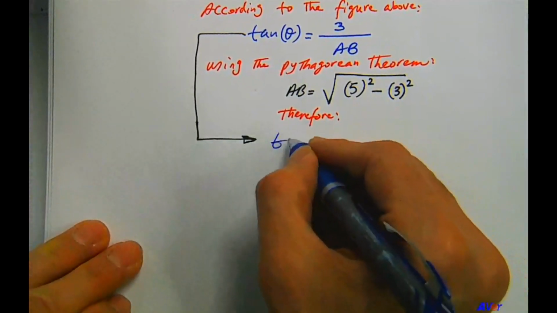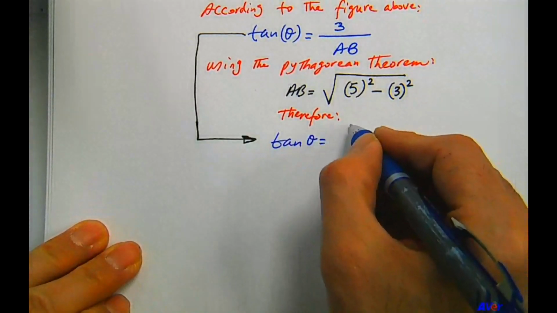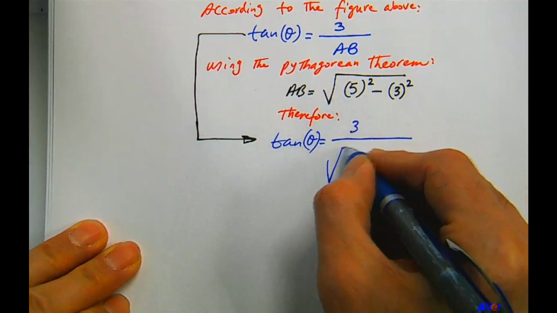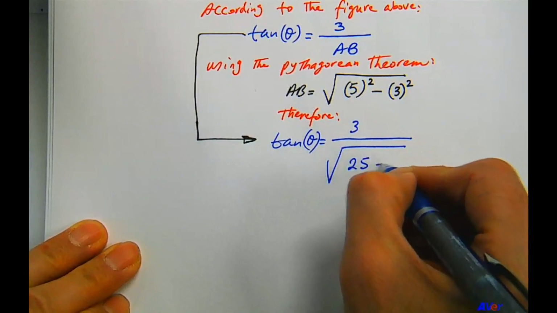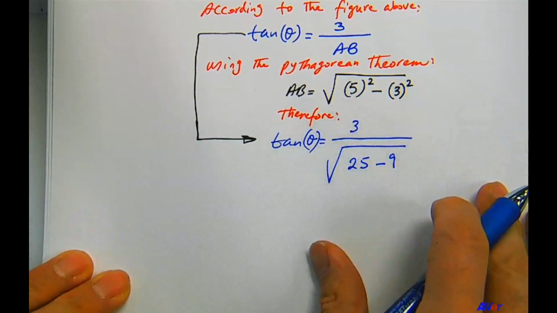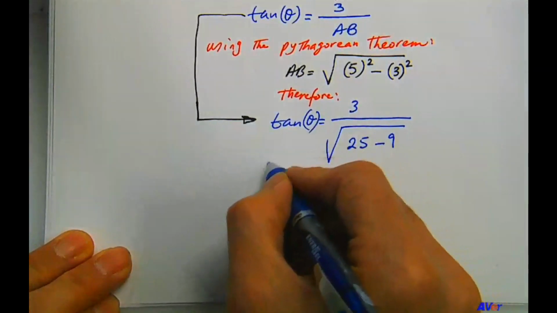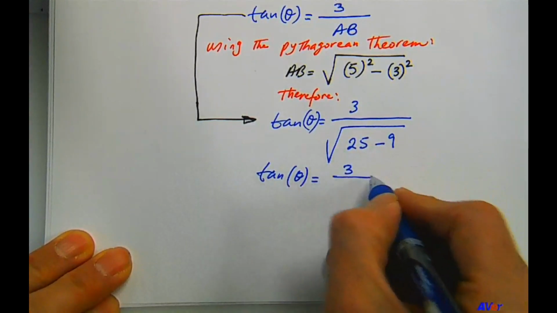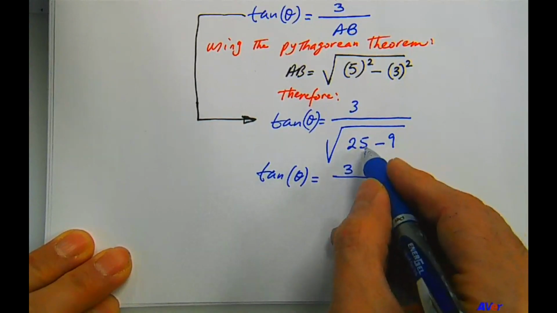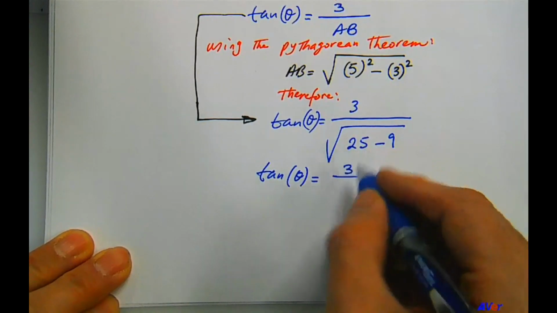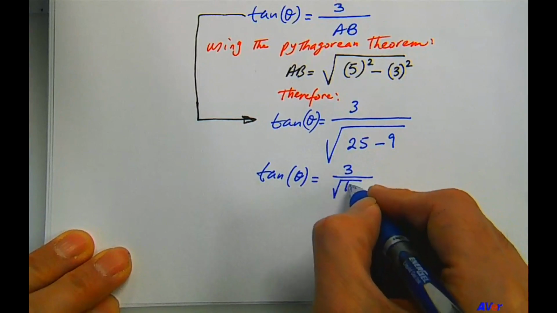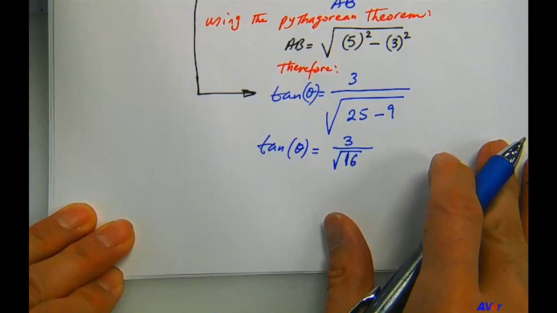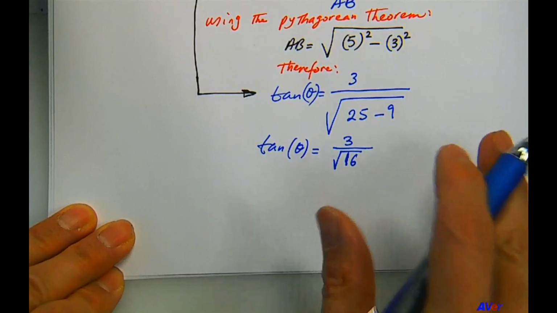So we have tangent of theta equals 3 over this quantity, and 25 minus 9 would be the square root of 16, right?